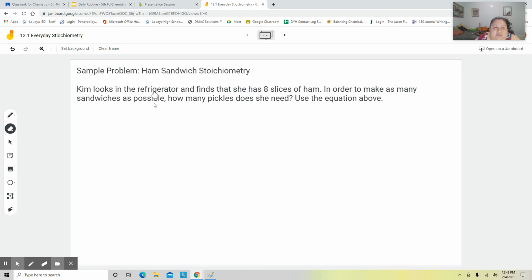Okay, so it says here, how many pickles does he need? All right. So anytime you have a reaction or a problem that gives you numbers, you need to circle them. And then you need to circle, what are they asking me to change it to?